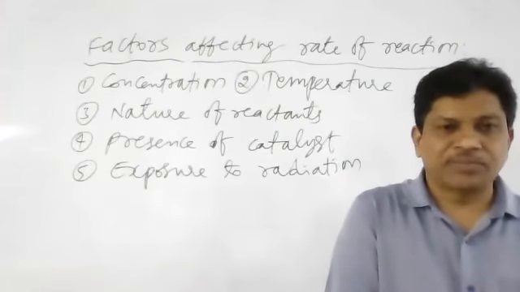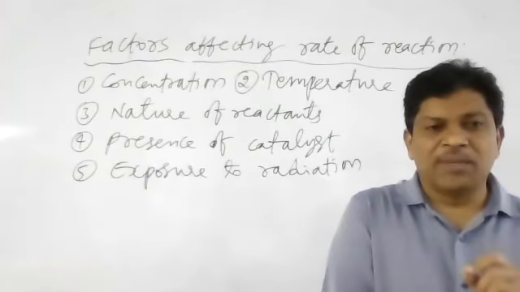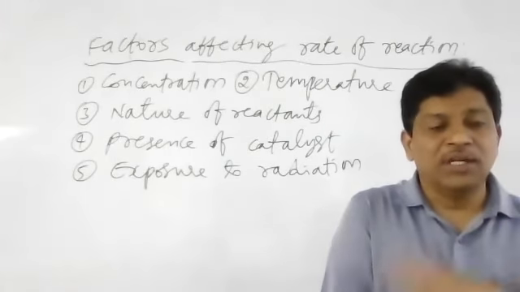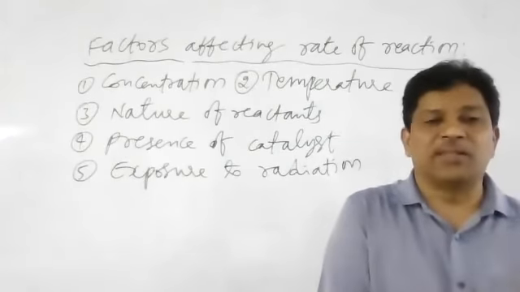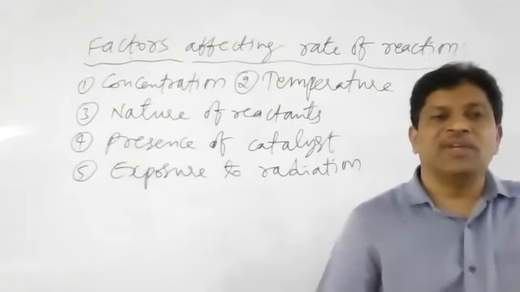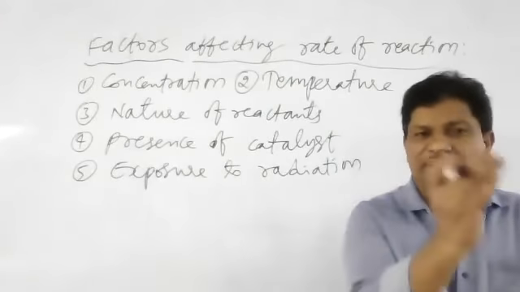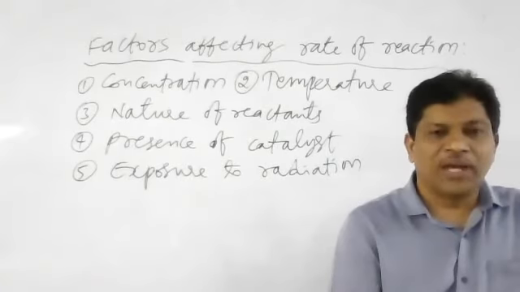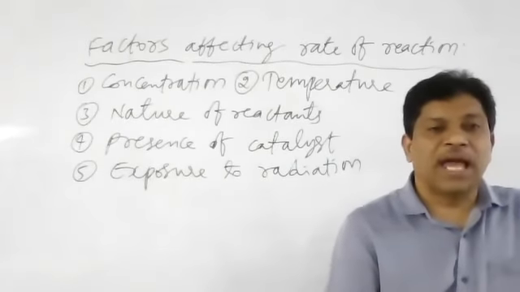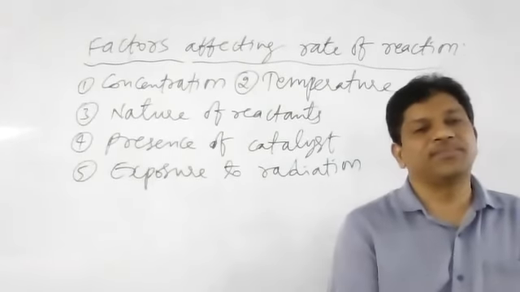And there will sometimes be some substances used which act as promoters. Promoters will activate the catalyst. Generally, a catalyst increases the rate of reaction, but the promoter activates this catalyst.